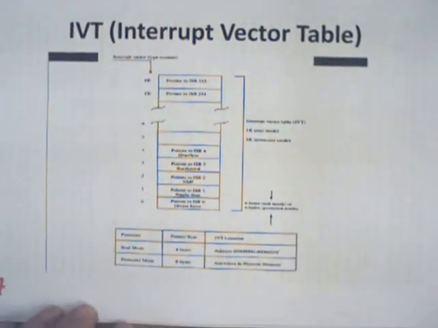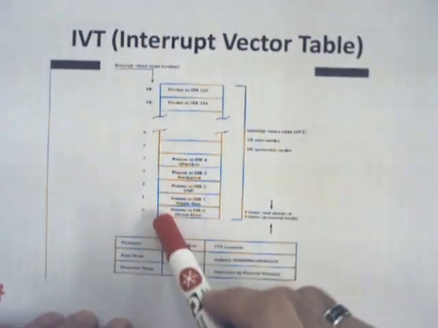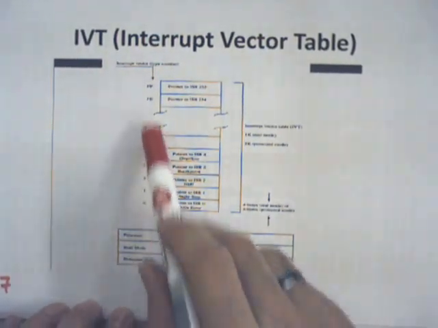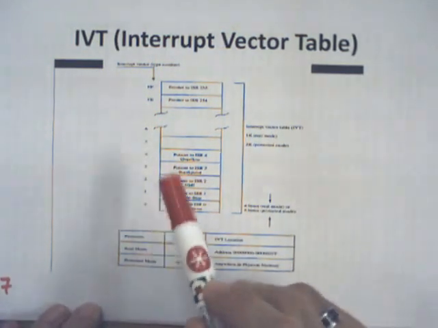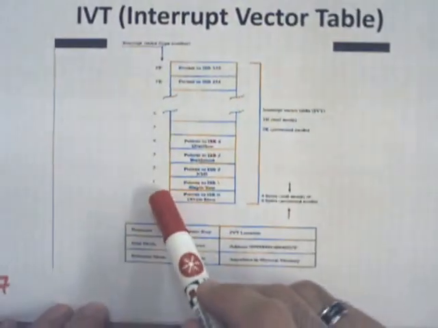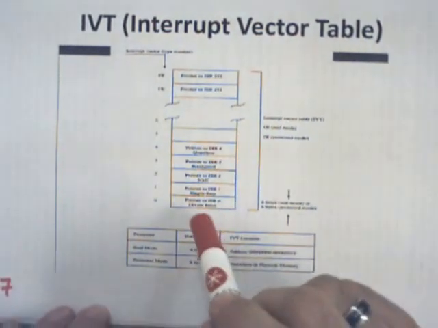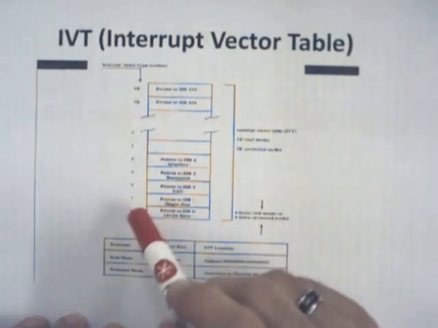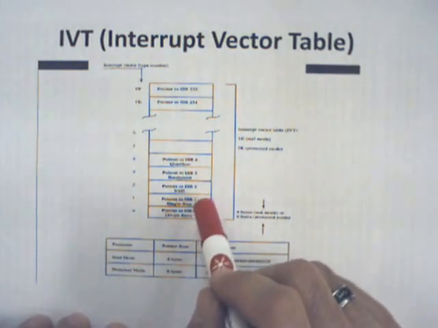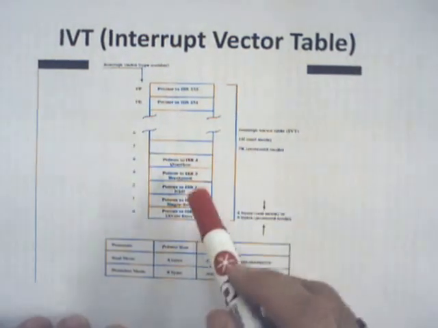Okay, interrupt vector table can be shown in a memory map. So each address is its type number from 0 to FF, from the lowest to highest value. So they contain pointers to interrupt service routines.